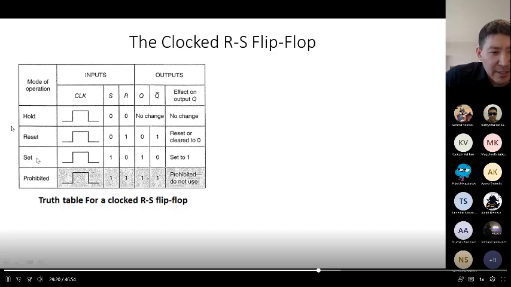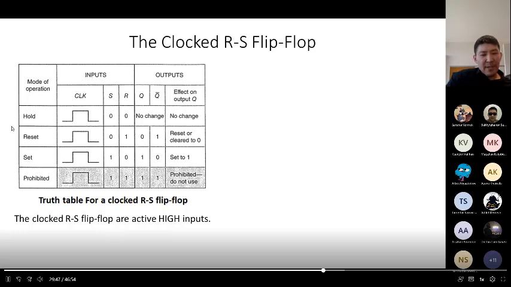Then there is the set mode, which is opposite to the reset. And also there is a prohibited mode, which you do not need to use. The prohibited mode is when we activate both S and R, applying 1, 1, the output will be 1, 1, and you do not need to use this mode.